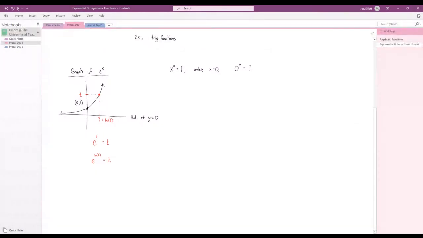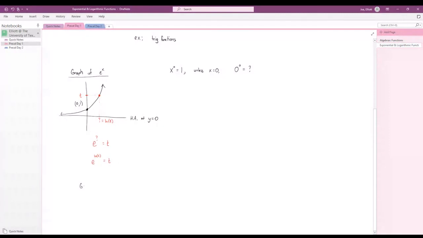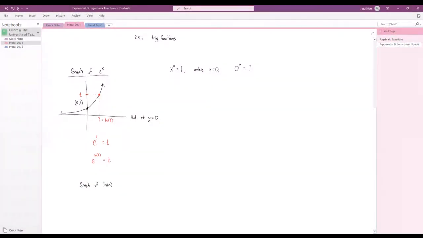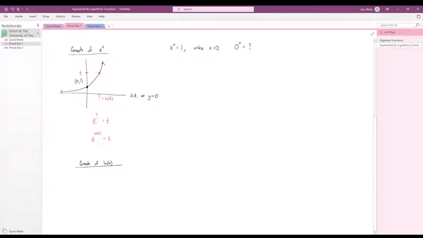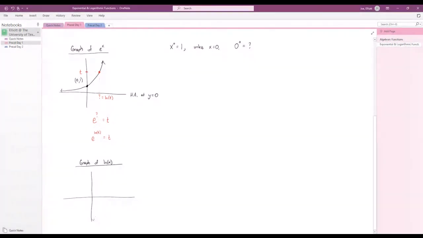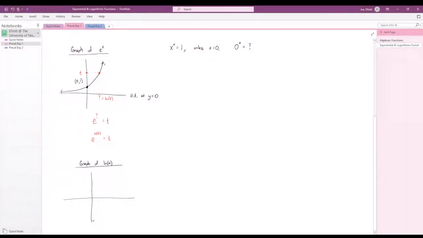If I were to draw a graph of the natural log function, it looks something like this.